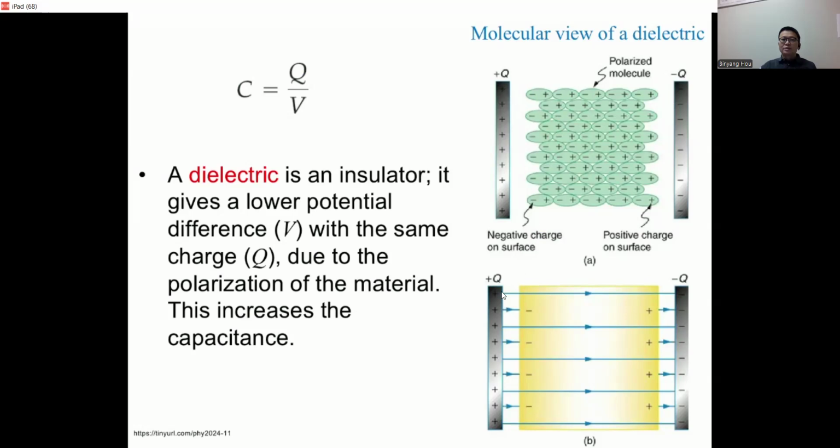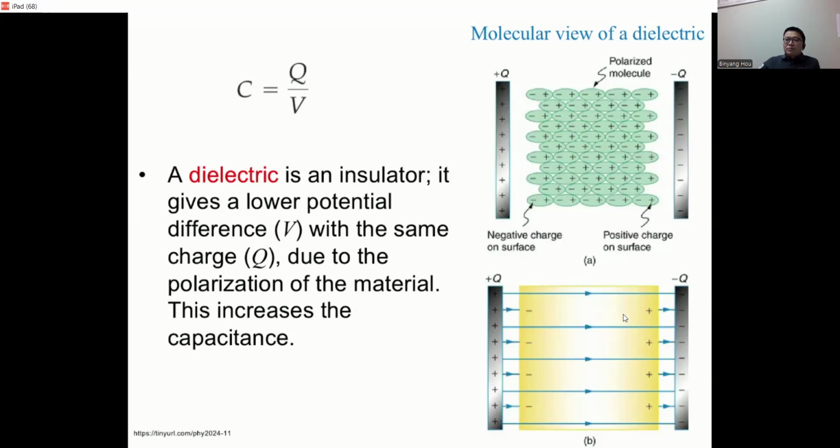Because of the polarization of these molecules, instead of having more field lines, you now have fewer field lines, since they start from here and end there, and in the material they are closely related to each other. So because of that polarization, the electric field gets reduced.